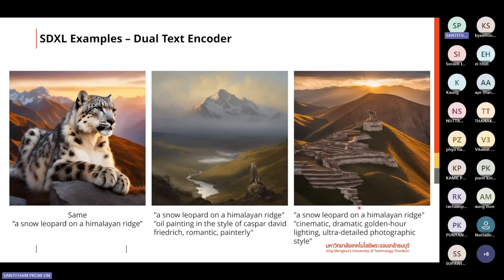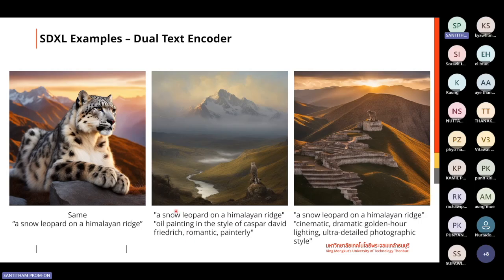And because SDXL has dual CLIP text encoder, you can have the same prompt for both encoders, or you can have one encoder be a snow leopard on Himalayan ridge, and another be oil painting in the style of Caspar David Friedrich, British romantic painterly, and you get the result. This is like the painting. Both here are fed to the main image, right?